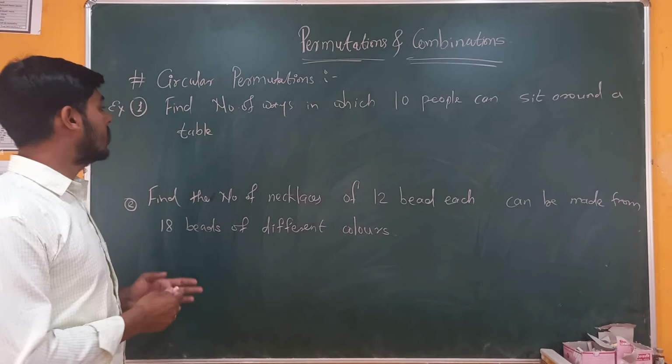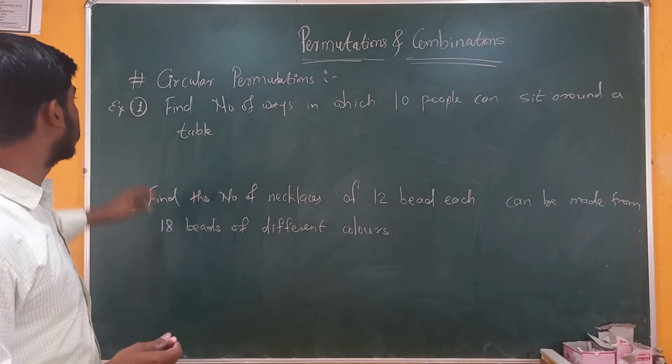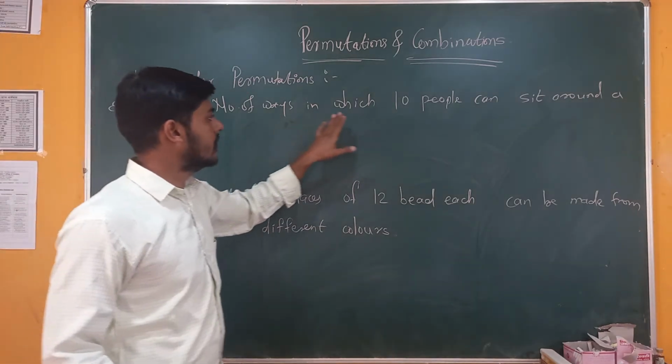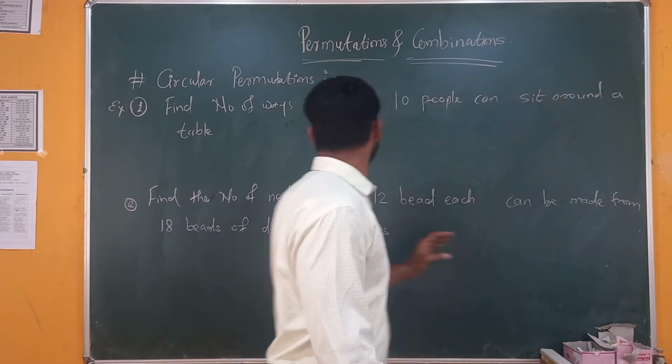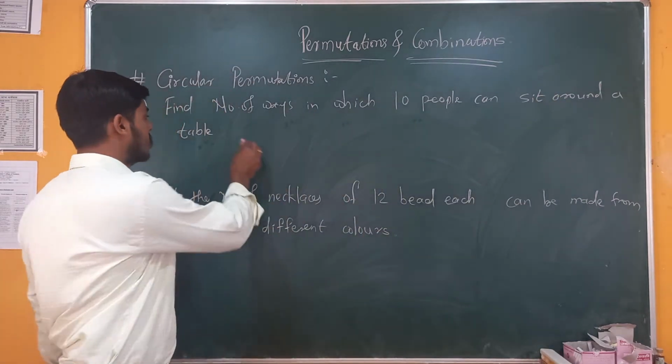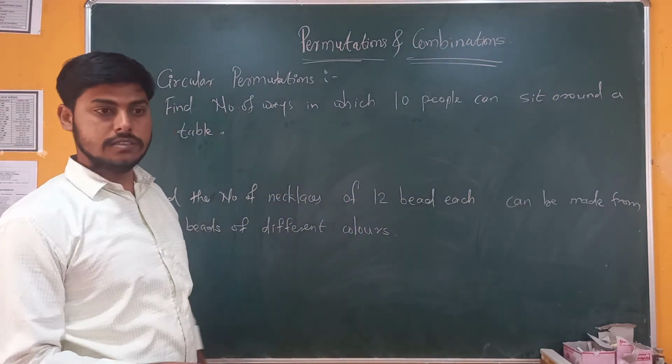Okay friends, let's take two examples. The first one: find the number of ways in which 10 people can sit around a table. This is an example of circular permutations.